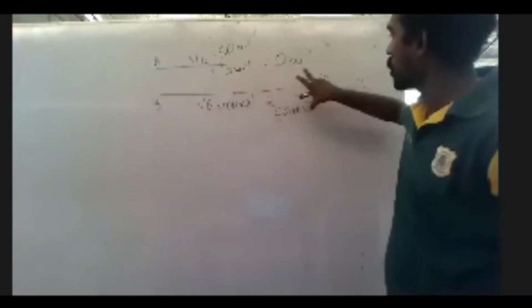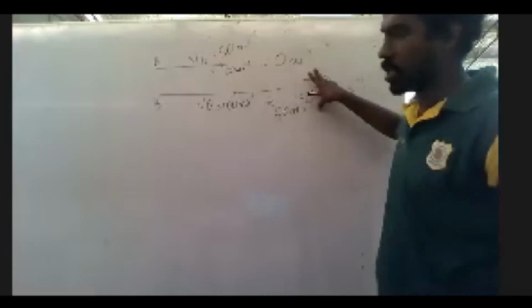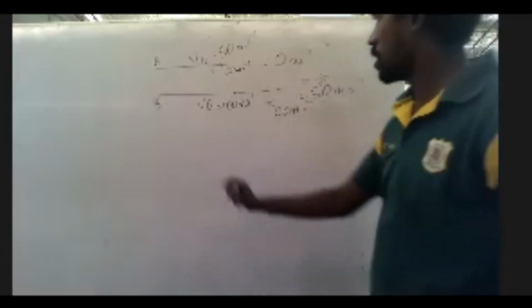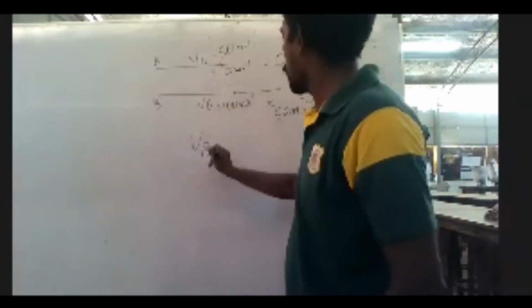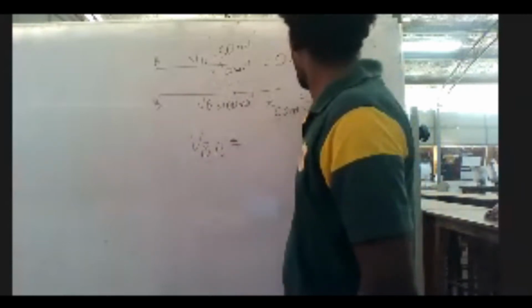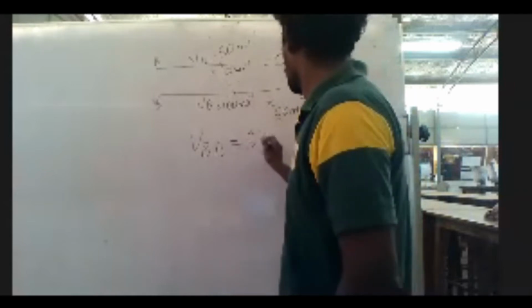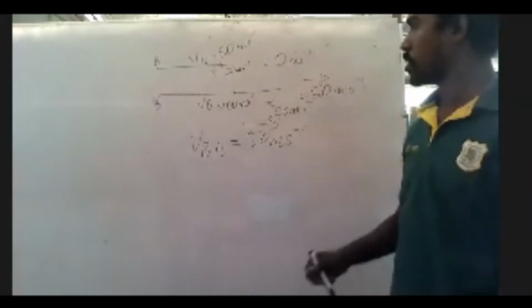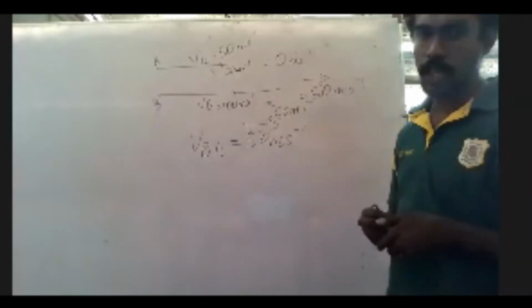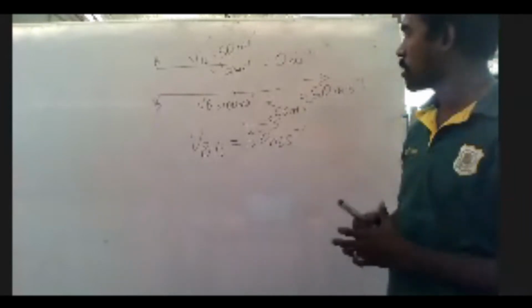So the resultant is 50 meters per second. Now I can say the velocity of B relative to A is 50 meters per second.